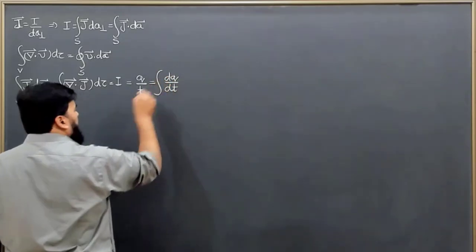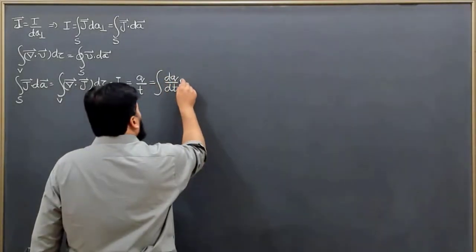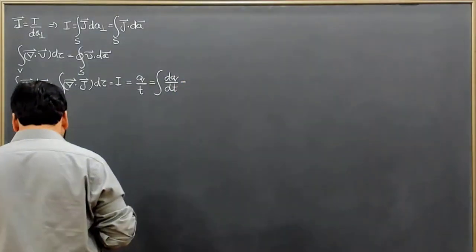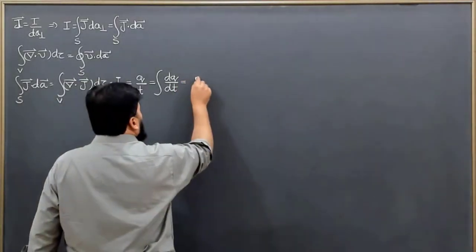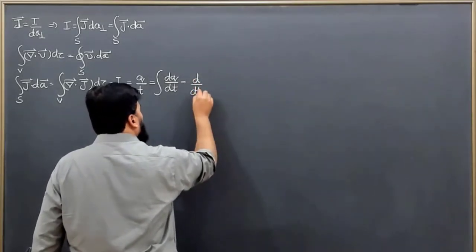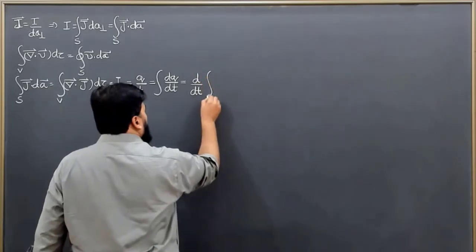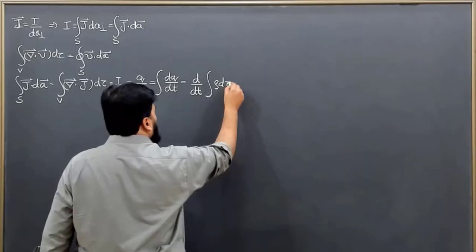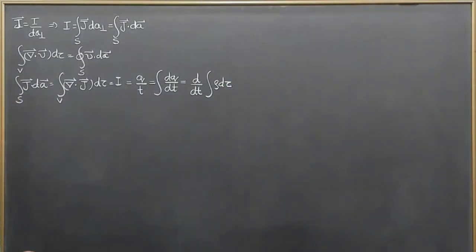Then further I can write this as d over dt of the integral, and this q I can write as rho dτ. So it will give me the total charge here.